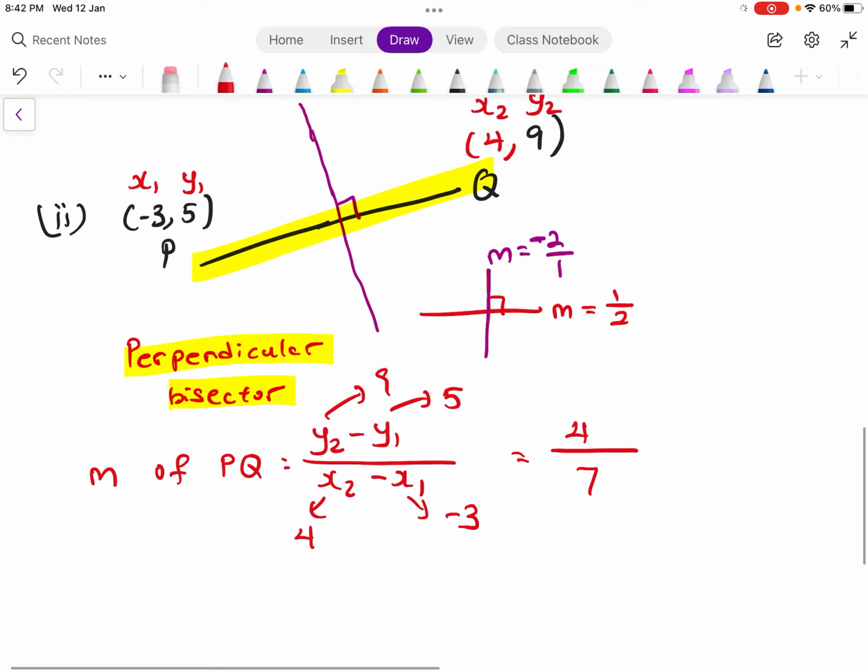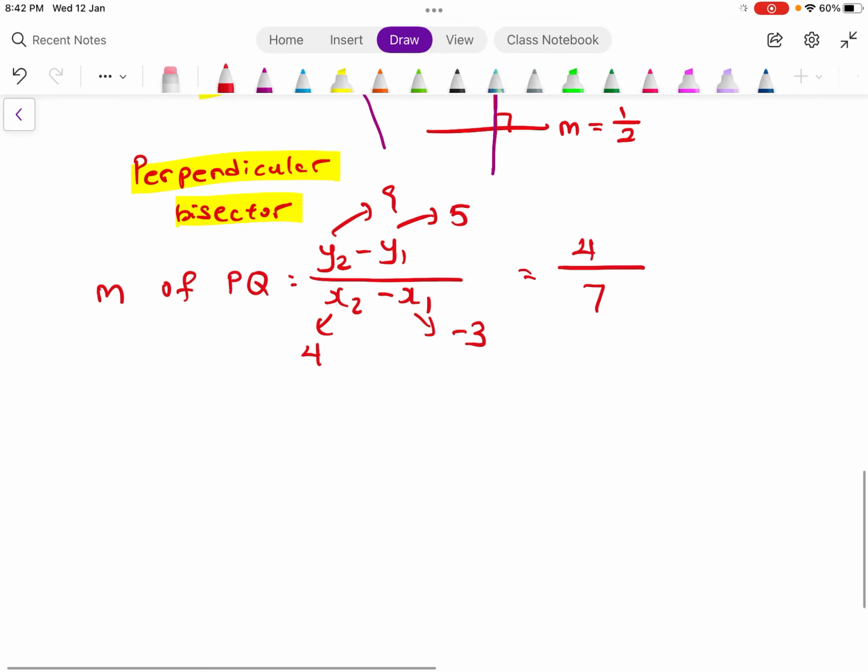Of course, you want this gradient because you want to find the gradient of the perpendicular bisector. For the perpendicular bisector, you flip it, so from 4/7 you become 7/4. Of course, you change the sign, so you put a negative here.